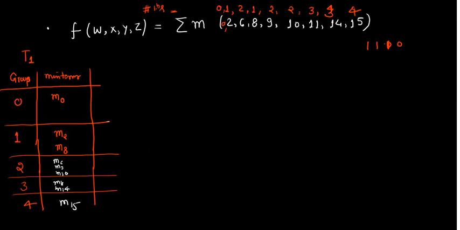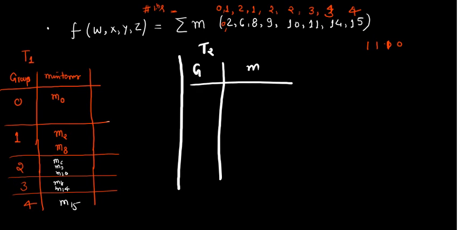Now let's see if we can ignore the last column or not. This is your group, this is your minterm. We want to combine M0 with M2. Can we do that?